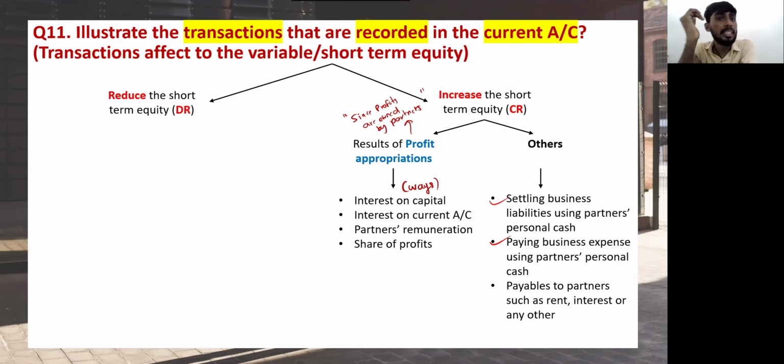But my dear students, those need to be paid to the partners, no? We have a separate account to show the entire payables to that partner. What is that? That is the current account.